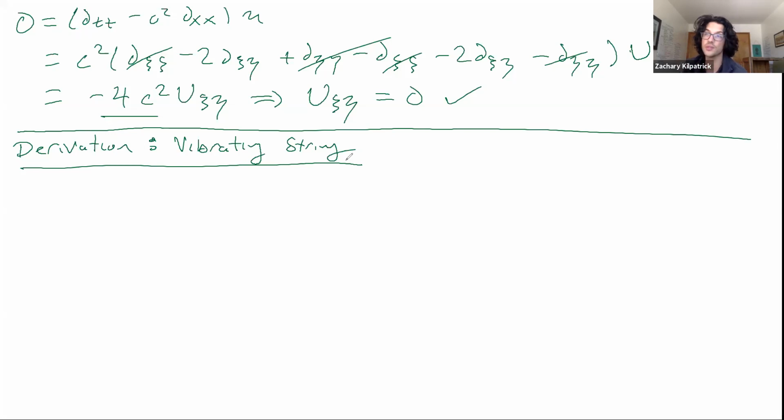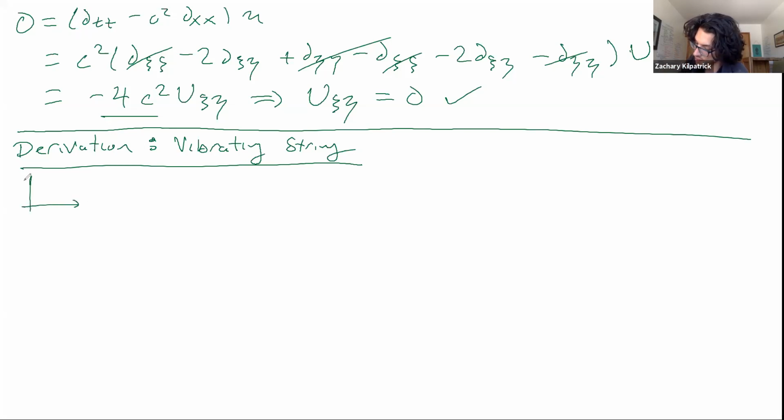We're going to have to do some approximations, but we're mostly going to be guided by the physics of tension and momentum. And at the end of the day, just the physics should give us this PDE that comes out.